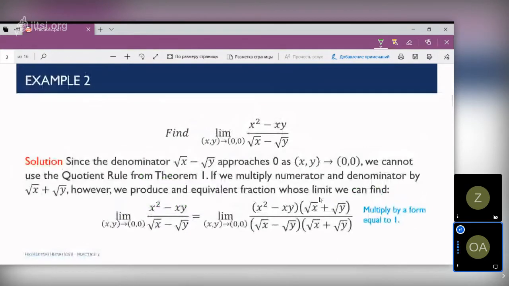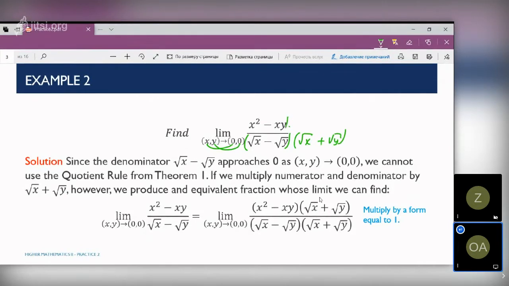And we'll also consider this one. If it's hard to calculate this limit, or if it's not possible with just simply plugging in 0 instead of x and instead of y, so we need to rationalize the expression or simplify. In this case, we've multiplied both parts with the positive one of this one, x plus square root of y.